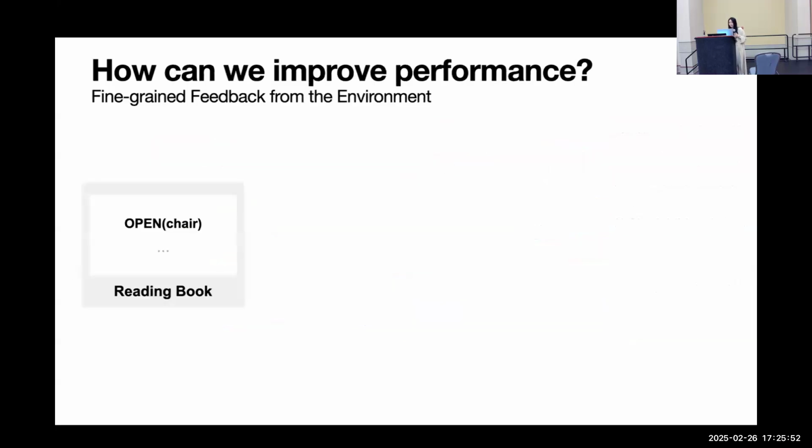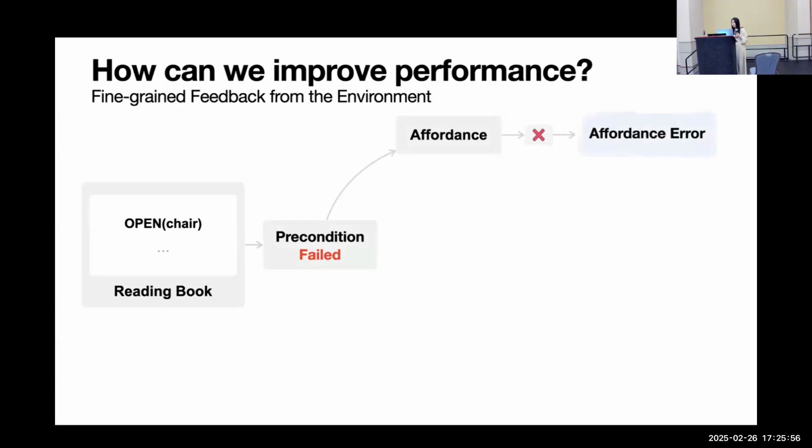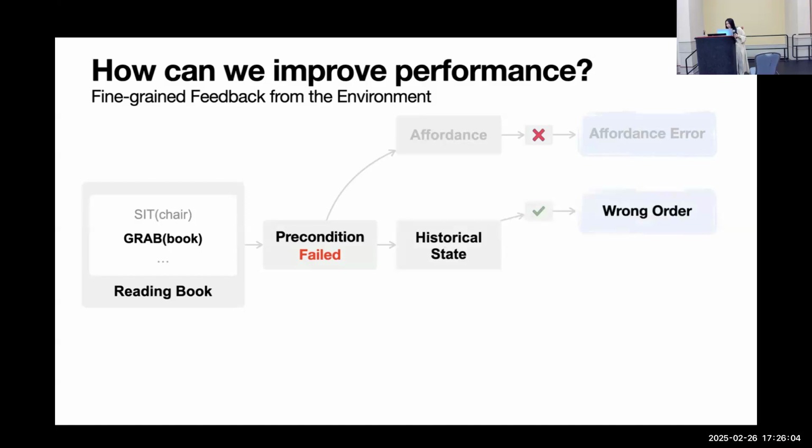For example, if we have a sequence, then we check whether the precondition has been satisfied. If the precondition is not satisfied, we can check whether it's an affordance error. If it's an affordance error, then we can manipulate our current plan to revise the attribute to make it a correct plan.